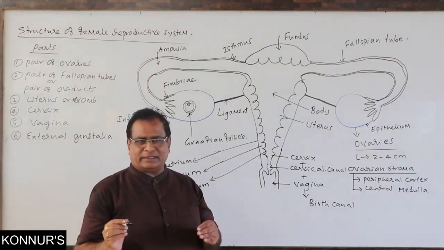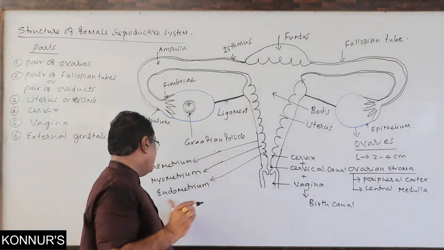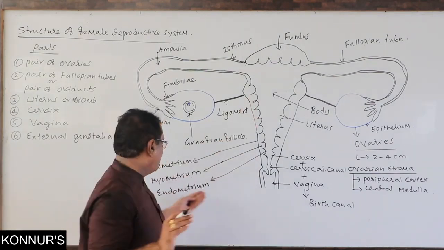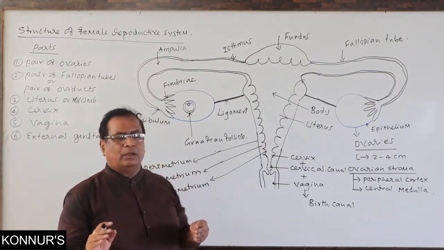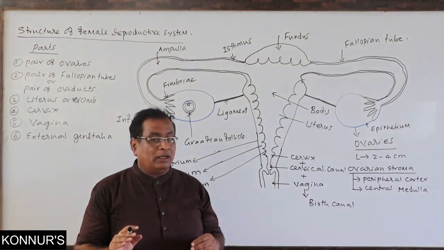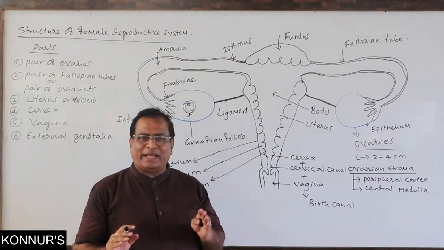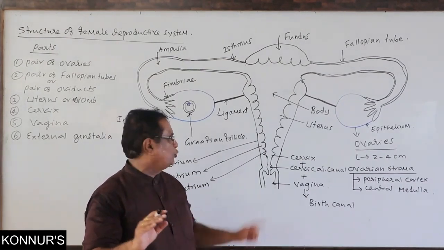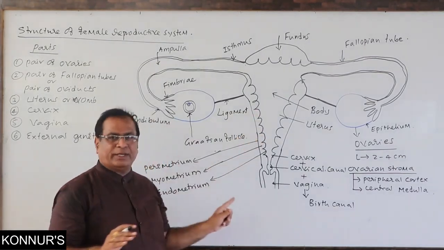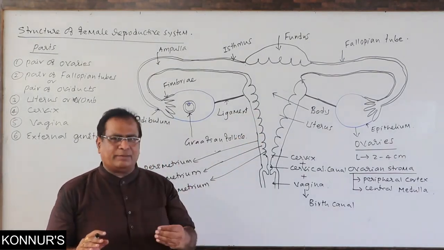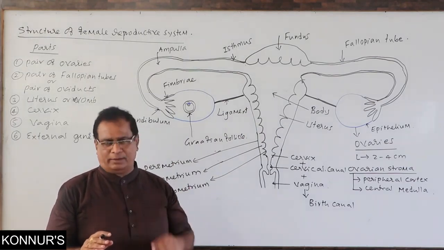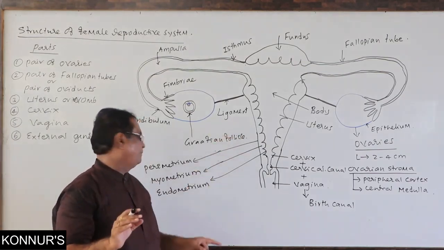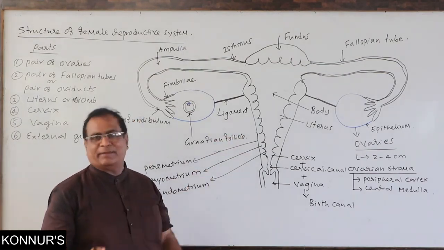Every 28 days, the inner lining endometrium gets damaged, and blood vessels present in the endometrium are ruptured, which leads to the bleeding at the end of the menstrual cycle. That bleeding is mainly due to damage of the endometrium, and the endometrium is once again reformed.